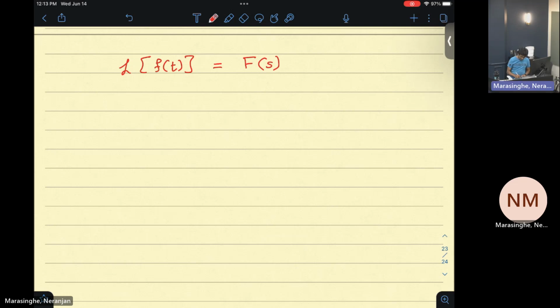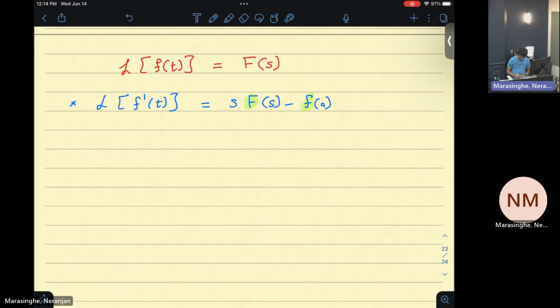Then we discussed how to find the Laplace transform of the first derivative of this function. It is going to be equal to s times F(s) minus f(0), simple f(0). So this is capital F, this is simple f, right?